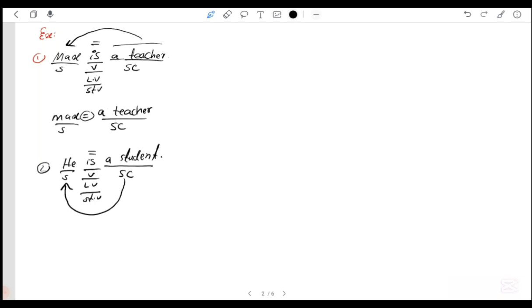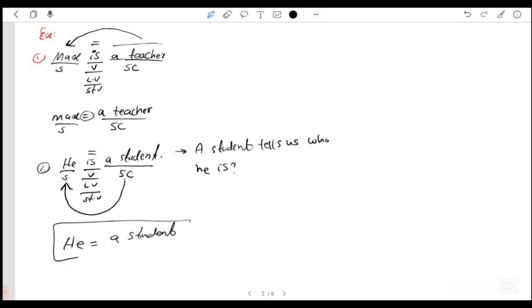A student tells us who he is, right? So who he is, he's a student. You see that he is equal to a student. Make sure to understand this part.